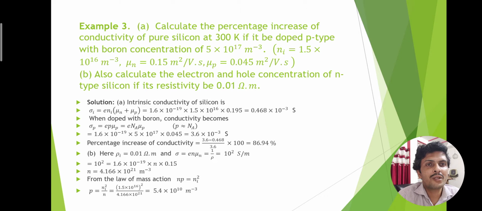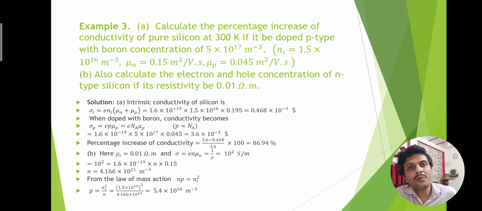Since doping has been made, from the extrinsic semiconductor point of view, you have to calculate the increased conductivity. Now since boron has been doped, and boron is a trivalent atom, it will be a p-type semiconductor.